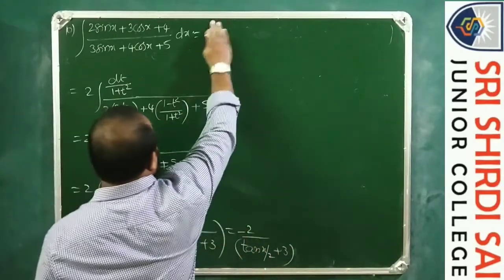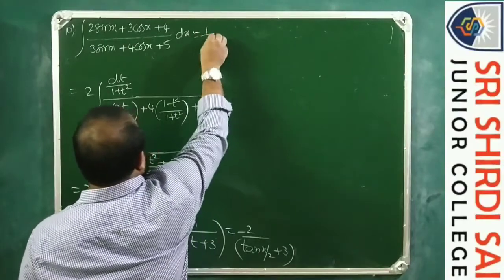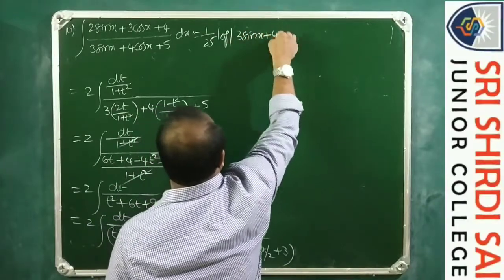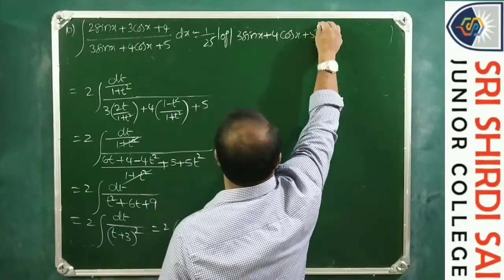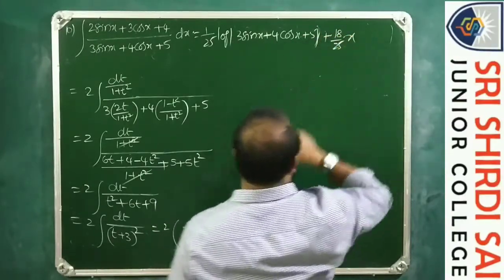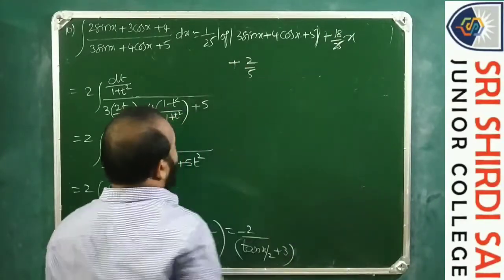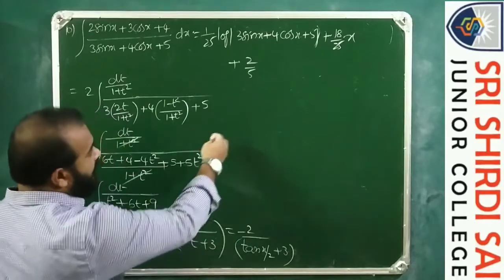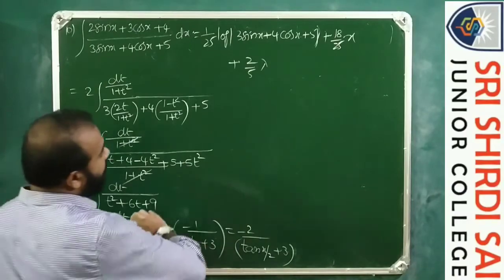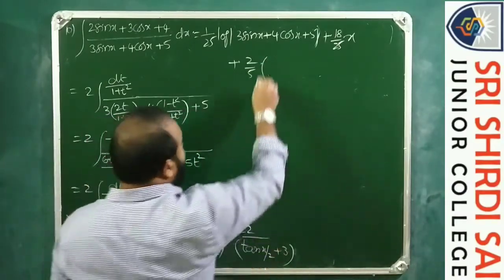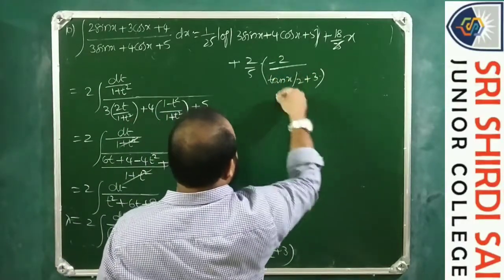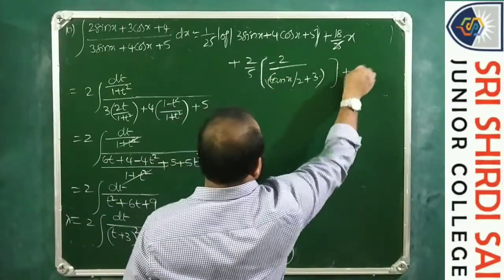So therefore the final answer would be 1 by 25 into log 3 sin x plus 4 cos x plus 5, plus 18 by 25 integral 1 dx is x, plus 2 by 5 into this value we have taken to be lambda, right? And this lambda is equals to minus 2 by tan x by 2 plus 3, plus constant of integration c.